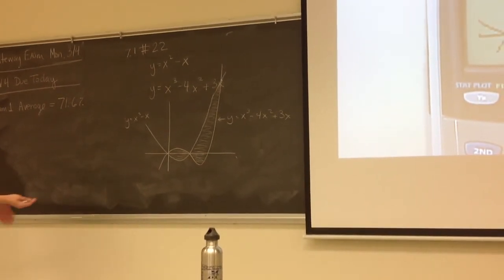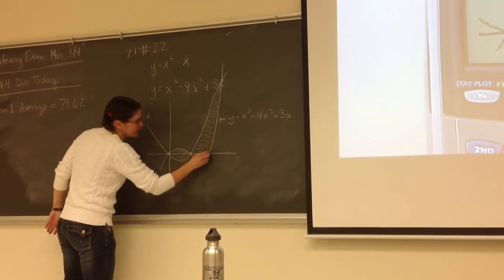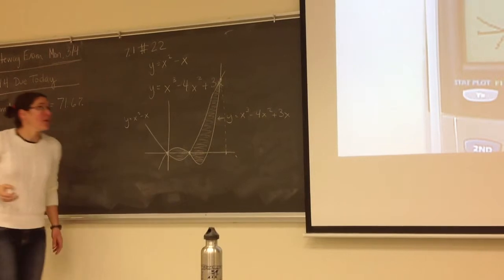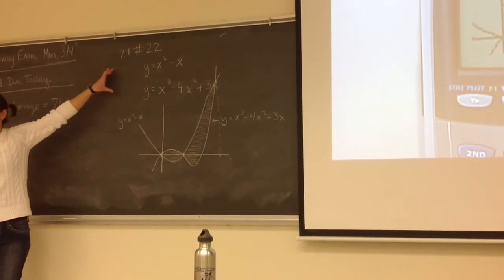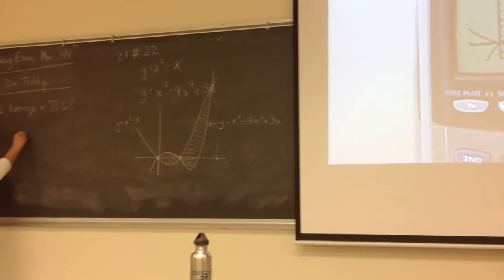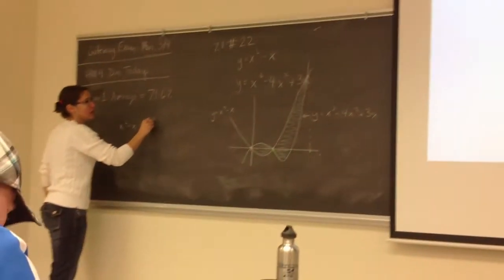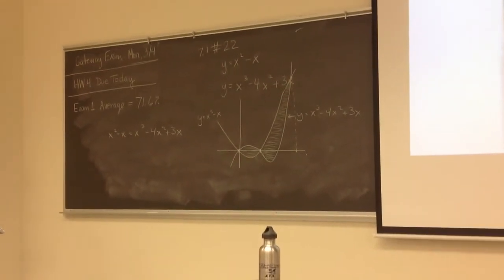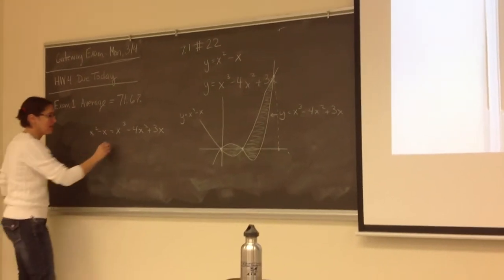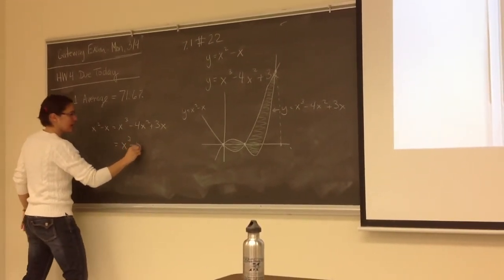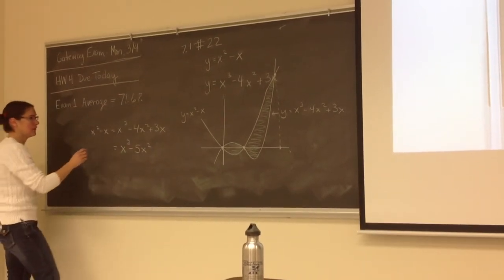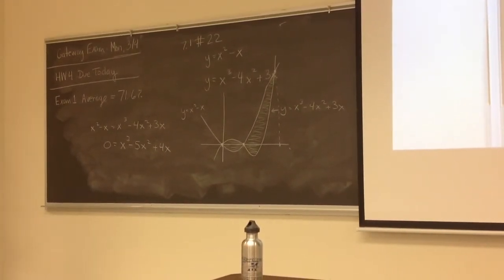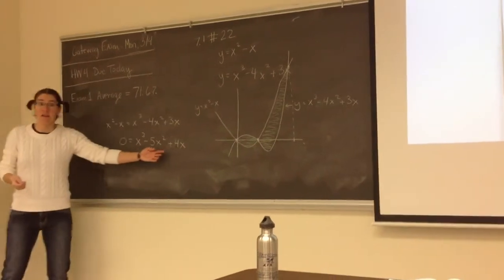Some other important information is the intersection points. I can do this a couple of ways. One way is to set the two functions equal to each other and solve for x. So we've got x squared minus x equals x cubed minus 4x squared plus 3x. I want to move everything to one side, so we've got x cubed minus 5x squared plus 4x equals 0. Can I factor this? Absolutely.